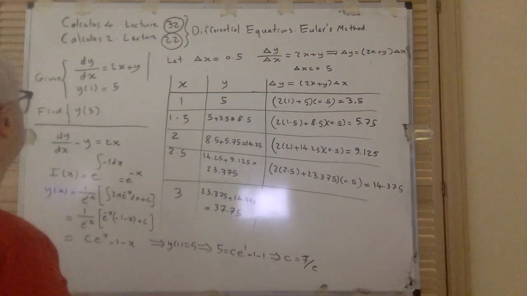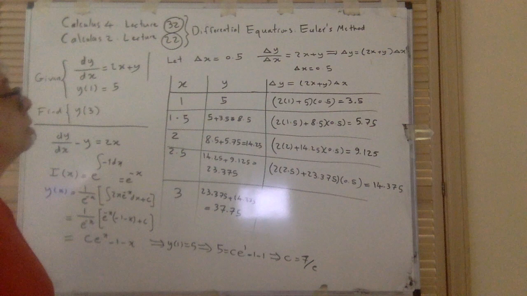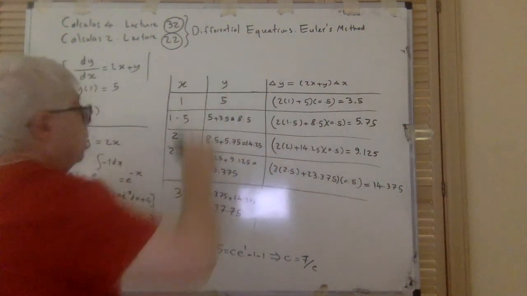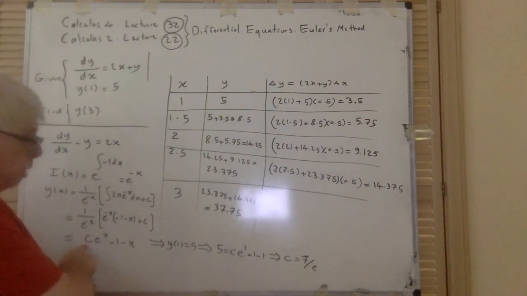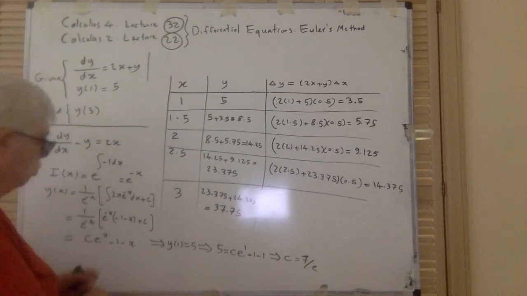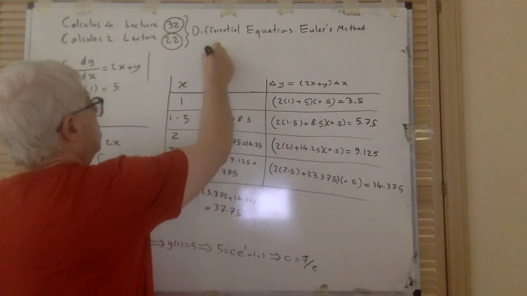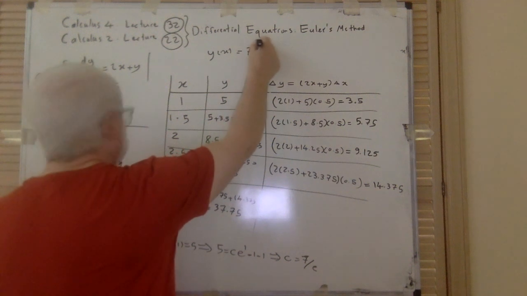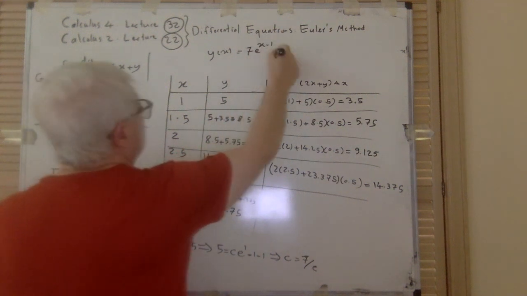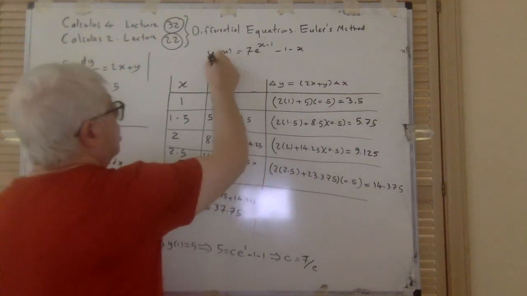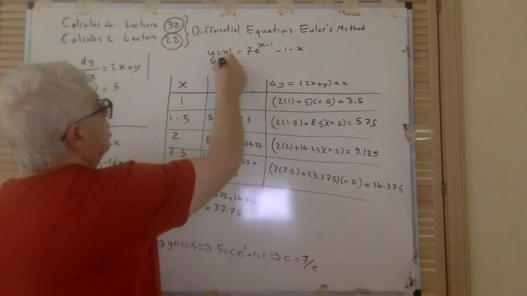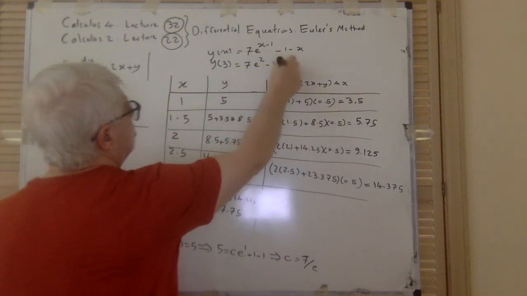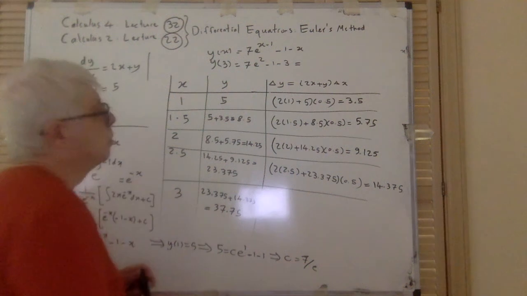So where can I write the solution? Let's erase this thing here and write the solution here. If I write 7 over e, y as a function of x will be 7 e to the power x minus 1 minus 1 minus x. Now I want y at 3, so this should be 7 e to the power 2 minus 1 minus 3. So let's see what this is.